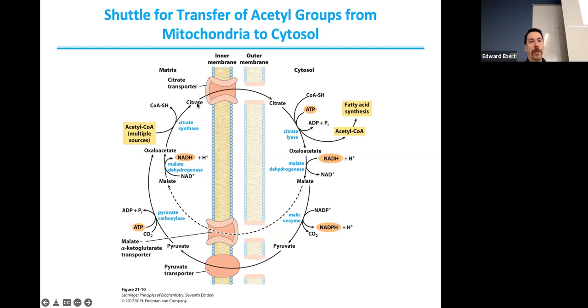We convert it to citrate to pump it out. We have 2 transporters, a citrate transporter in the inner mitochondrial membrane, and then a general pore in the outer membrane to allow it out. And then we regenerate it. So the reverse reactions are happening on either side of the mitochondria.